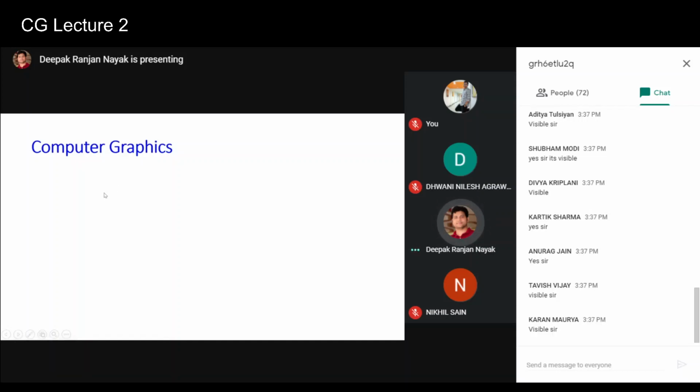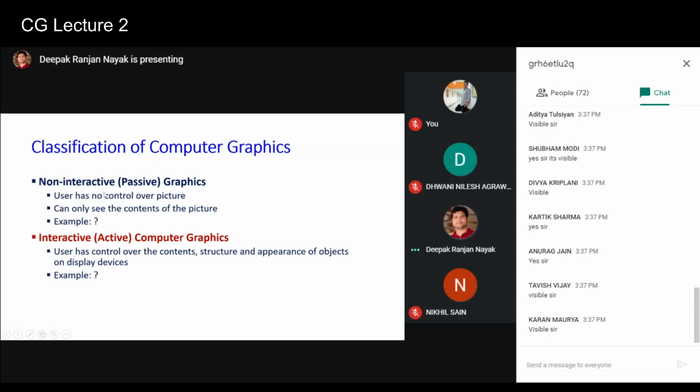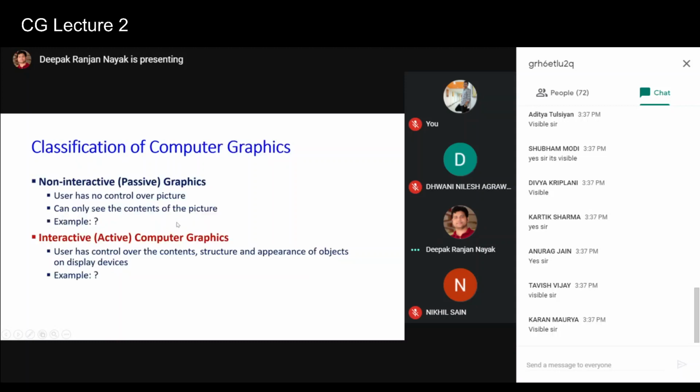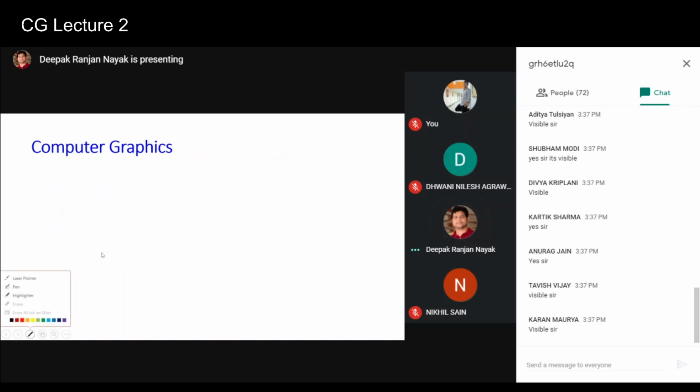You remember, one is a computer, and another is graphics.